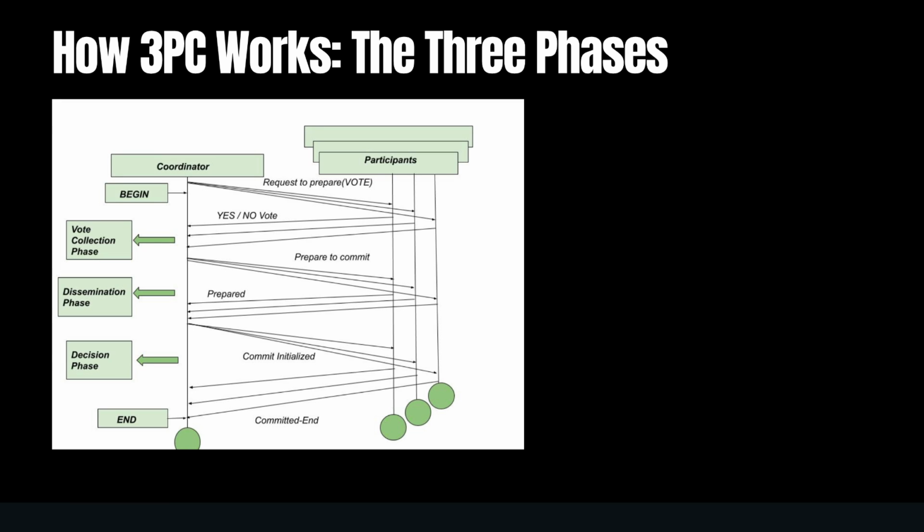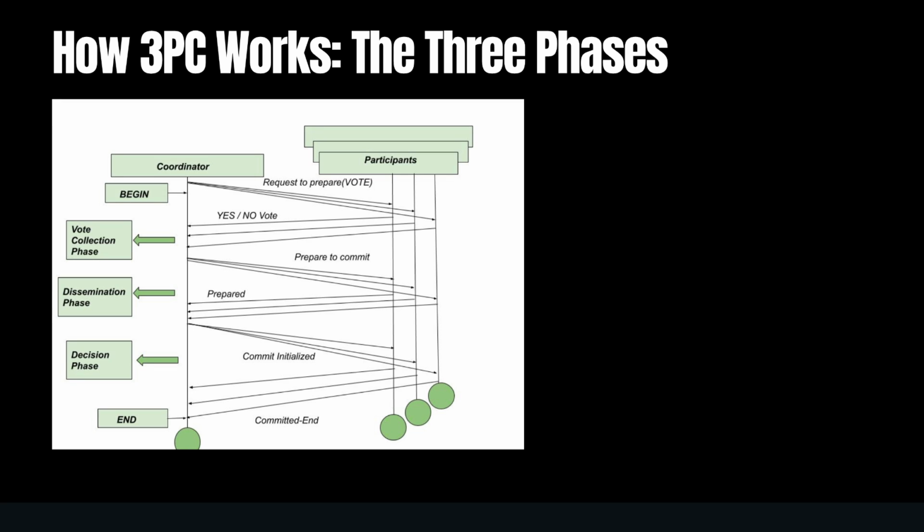The key difference here from 2PC is that at this point, participants know that all other participants are also ready. They still hold locks but are in a state where they can commit if they don't hear back from the coordinator under a specific condition.